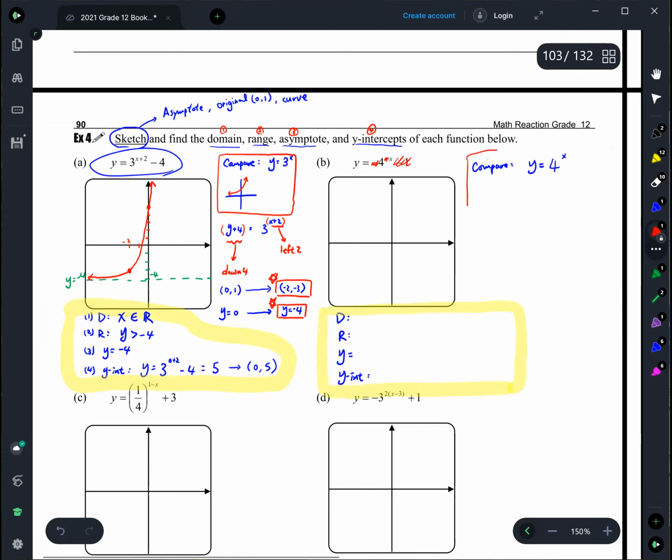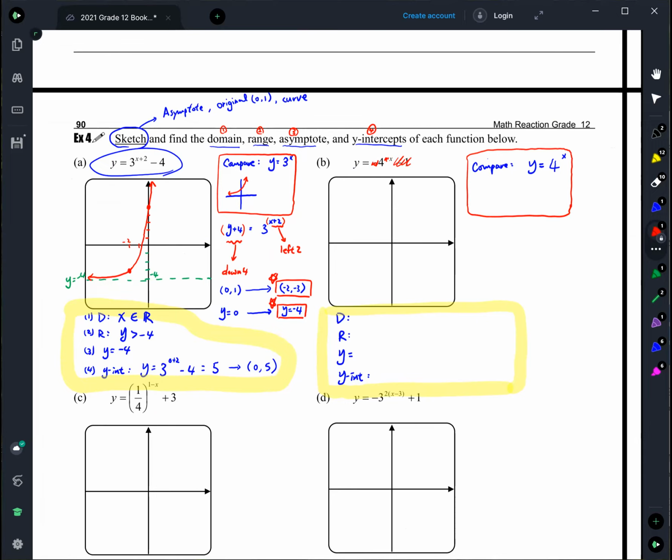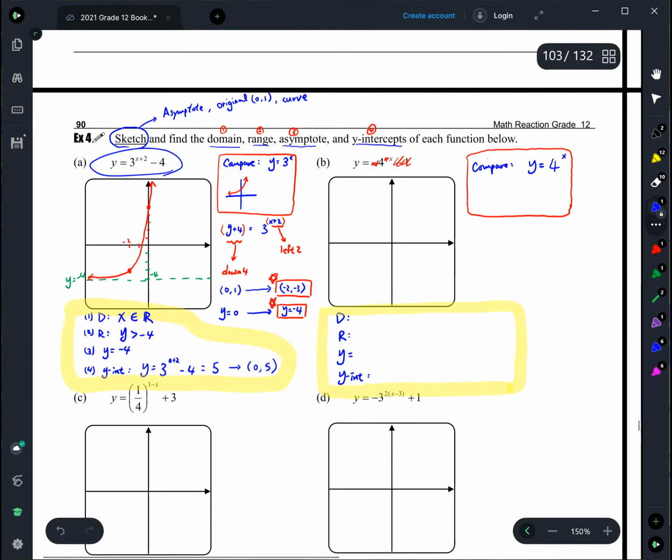So y equal to 4 to the x, is that increasing or decreasing? Callum, is that increasing or decreasing? It should be increasing. Yes, okay. Base of 4 is once again increasing, so the shape is that again.